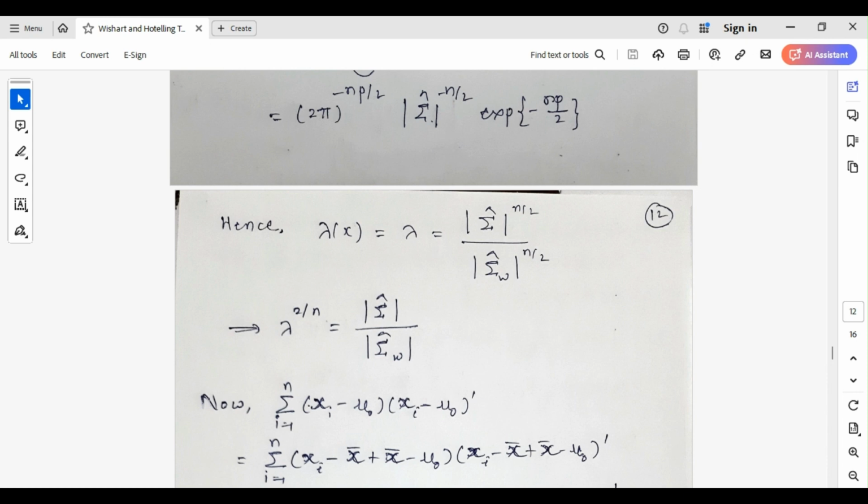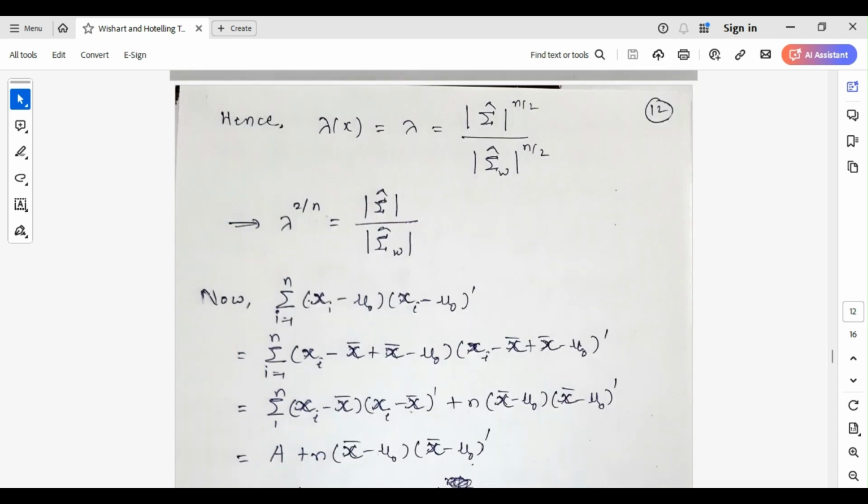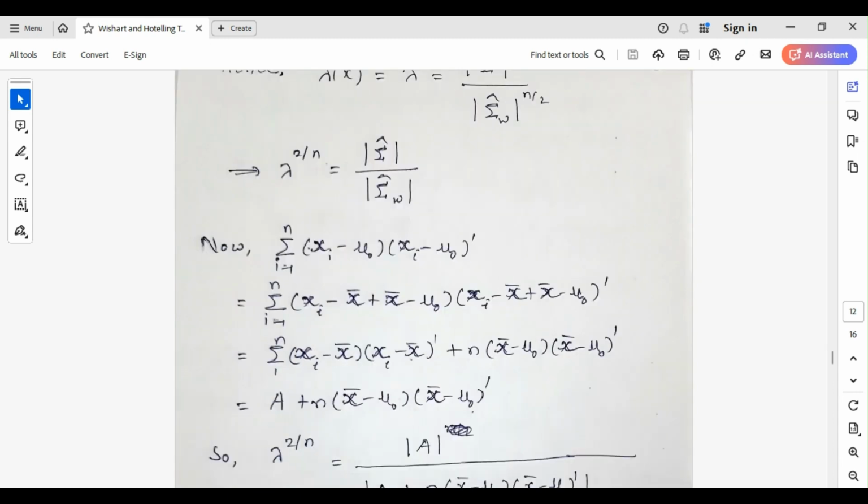So this we can rewrite as lambda raised to 2 by n equal to determinant of sigma hat upon determinant of sigma hat w. Now let us try to simplify things further. So we consider summation xi minus mu naught into xi minus mu naught transpose, which is nothing but n times sigma hat w. Now we add and subtract x bar in both these terms, and then we expand these terms further.